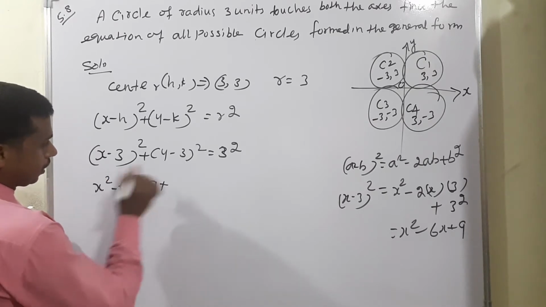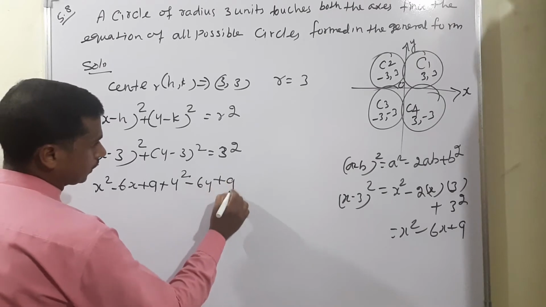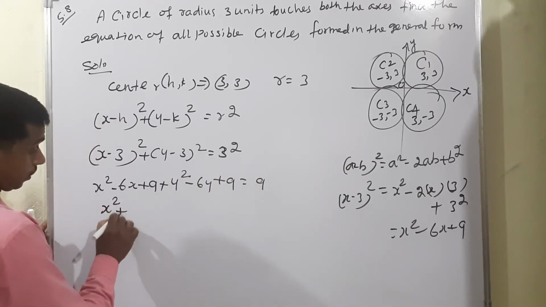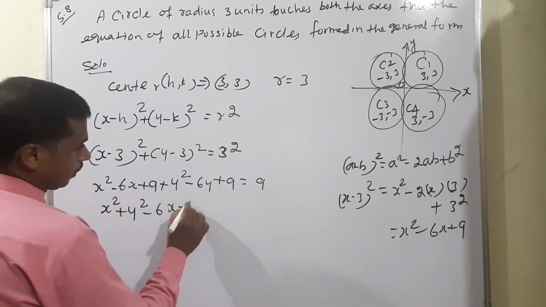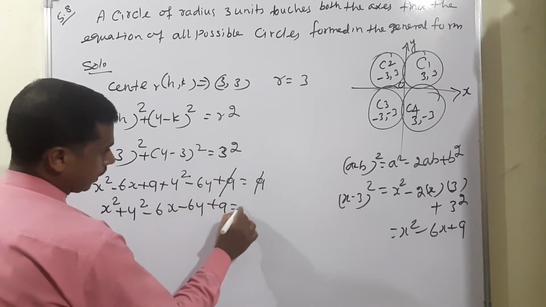The first term is x square minus 6x plus 9. For the second term, instead of x we write y square minus 6y plus 9 is equal to 9. Therefore, starting with the general terms x square and y square, then the coefficient of x is minus 6x, then the coefficient of y, and the 9 cancels. So plus 9 is equal to 0.